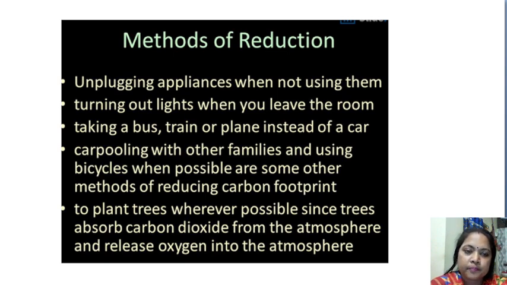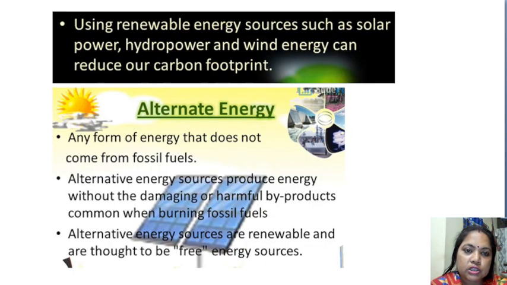Okay, then next is we should use alternative energy. So we can say renewable energy. So using renewable energy sources such as solar power, hydropower and wind energy can reduce our carbon footprint, because these are all naturally available energy and eco-friendly also.